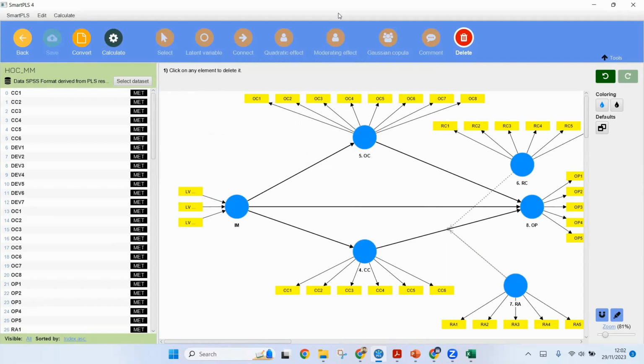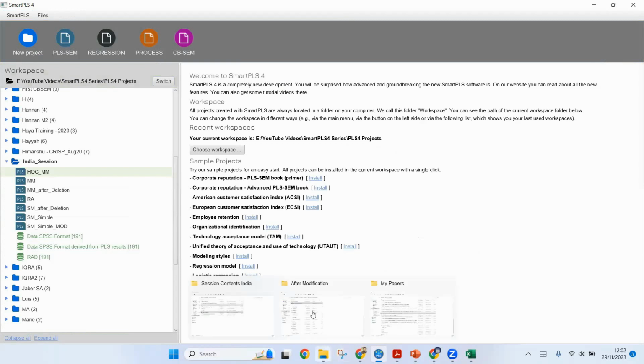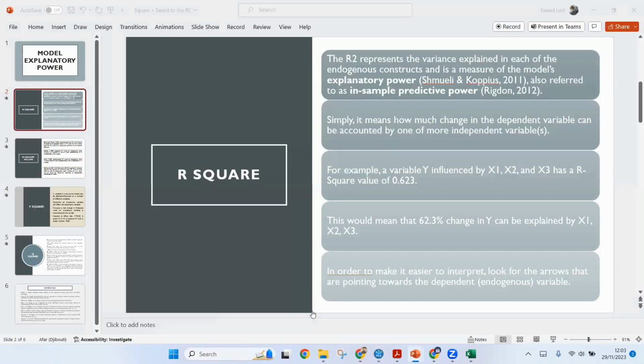Okay. Now, there are 2 other statistics that we are normally interested in, and we actually report them as well. And those are the F-square values and Q-square values. So let me open a presentation. Okay, now model explanatory power.